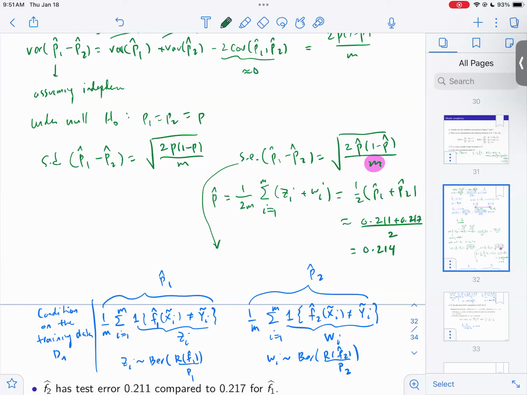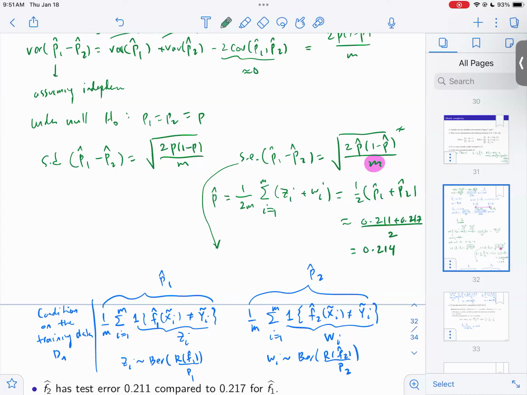Then you plug it in: square root of 2 times 0.214 times (1 minus 0.214) divided by 337. I believe this is roughly going to turn out to be 0.032, if I haven't made a mistake. I'm not sure. You guys can check, but that's going to be that.